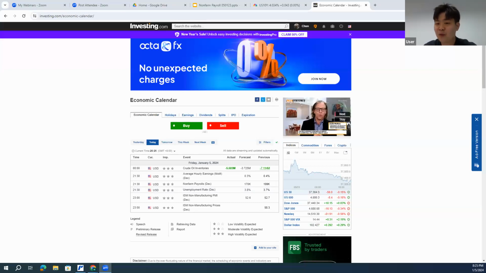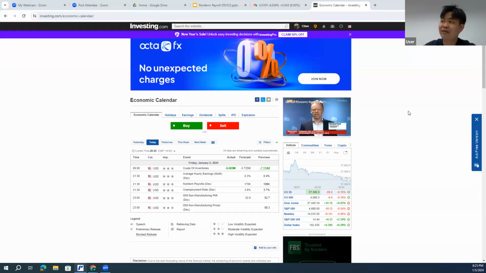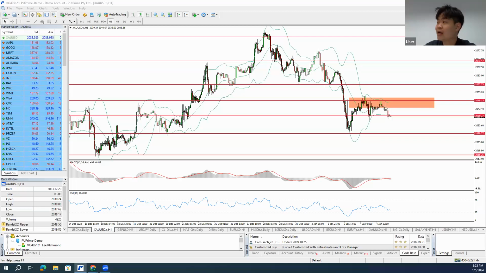Some people might ask me, what if NFP is good, unemployment rate is bad? What can we expect in the gold trend? So when this happens, suddenly NFP is good, unemployment rate is bad, two mixed economic data, what you need to do is continue monitoring the trend, because normally if mixed data happens, it will keep consolidating in certain strength until a certain breakout.